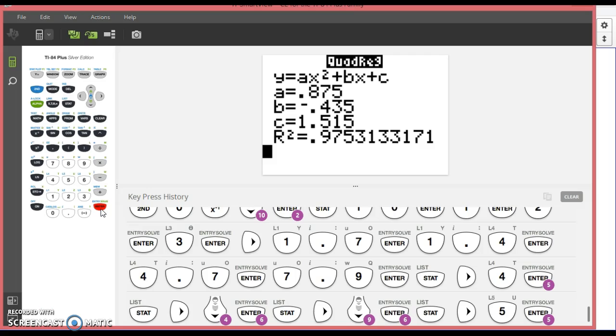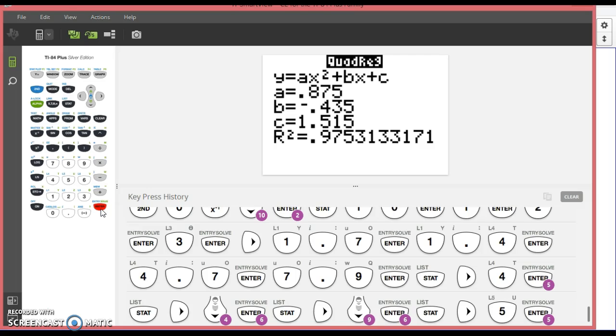So your equation taken directly from the calculator is y equals a, which is 0.875 x squared, plus b, but look, that's a minus. Do you see the negative there? Minus 0.435x plus c, plus 1.515. There is the equation of the quadratic represented by that table of values.